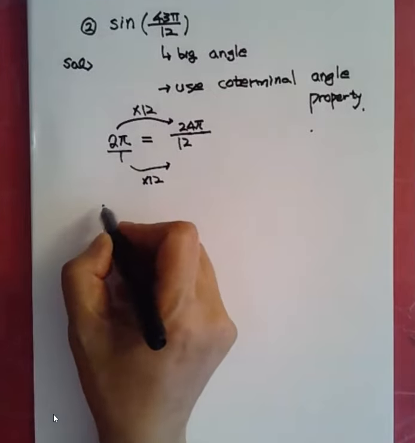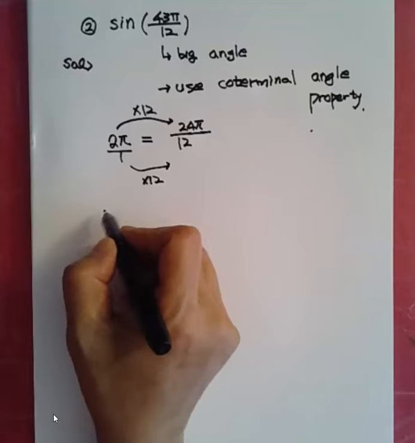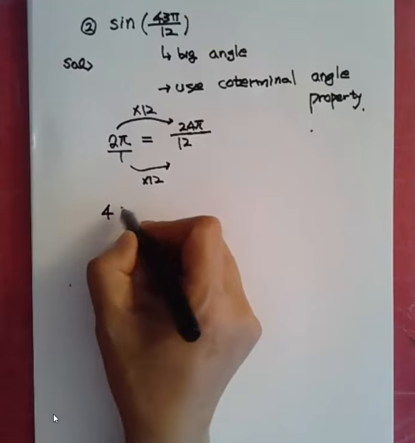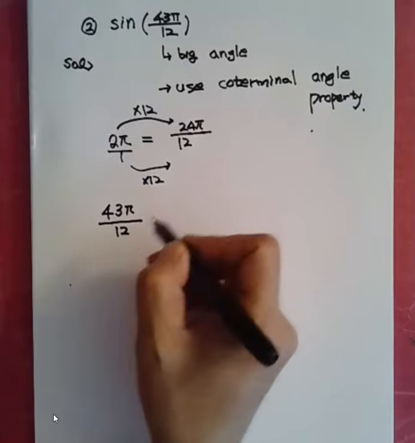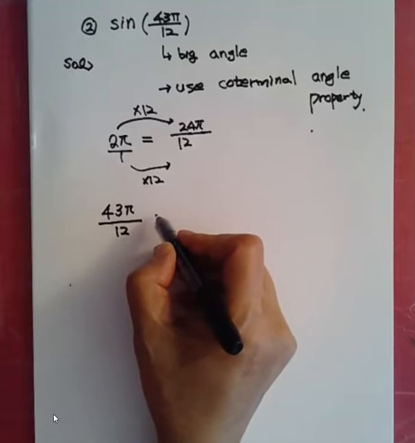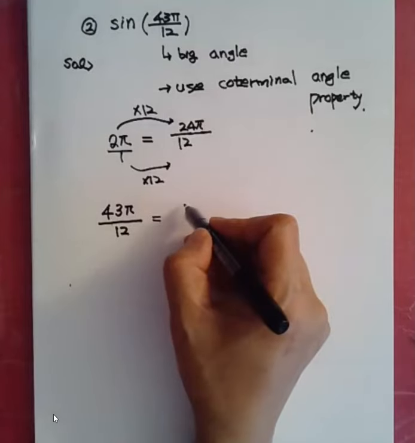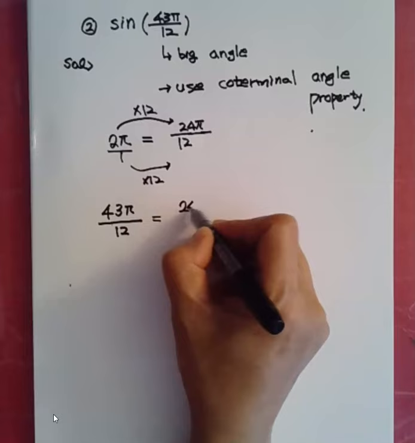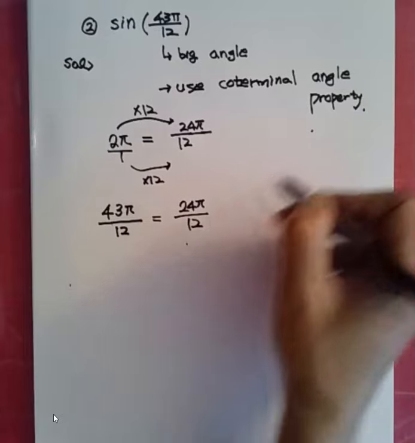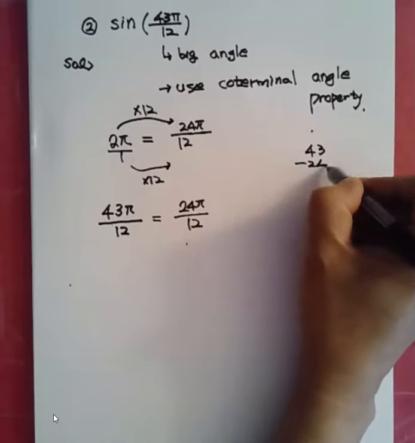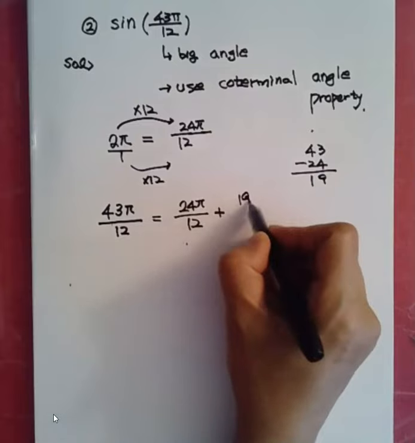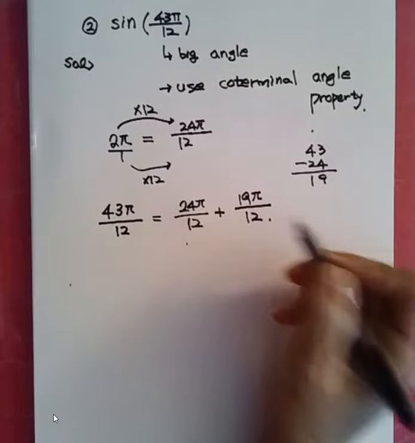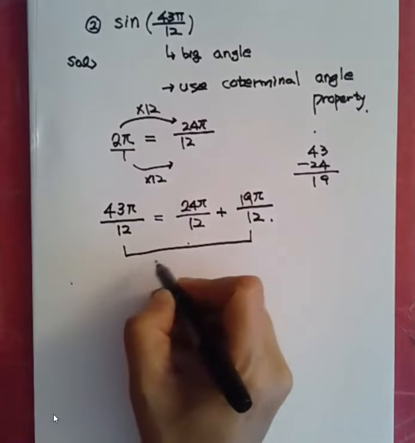So if we think about the coterminal angle, then we can say 43 pi over 12 minus 24 pi over 12. If you think about 43 minus 24, that will give you 19. So that is 19 pi over 12. So those two are the coterminal angles.